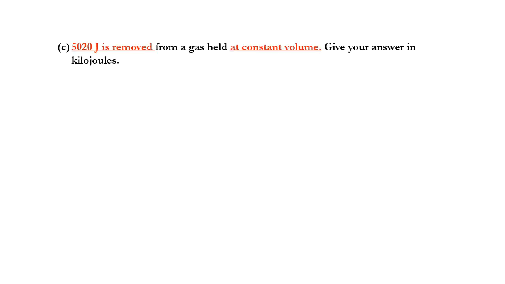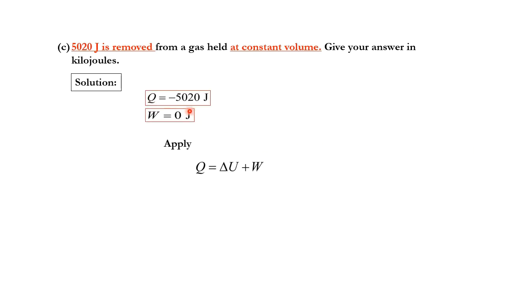C. 5020 joules is removed from a gas held at constant volume. Give your answer in kilojoules. So Q or heat is negative because the energy is removed, and the work done is 0 because there's no change in volume.